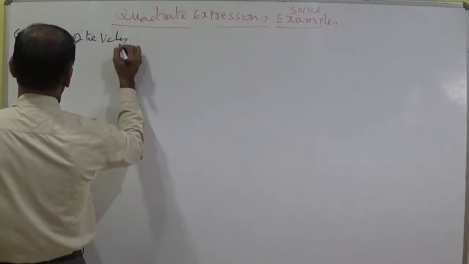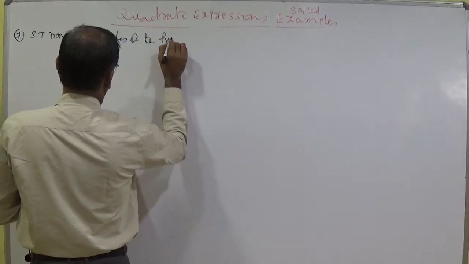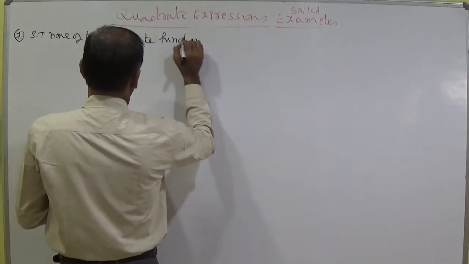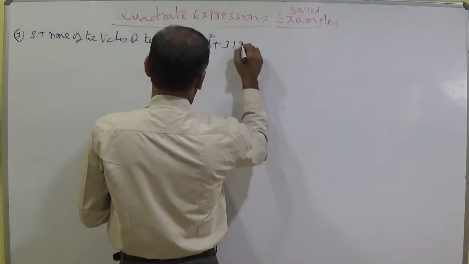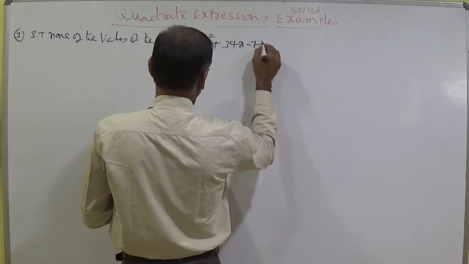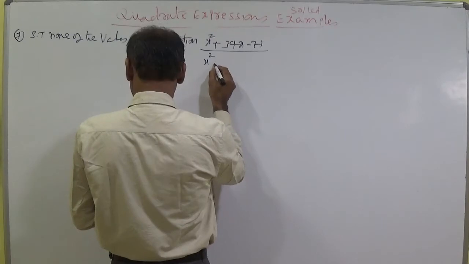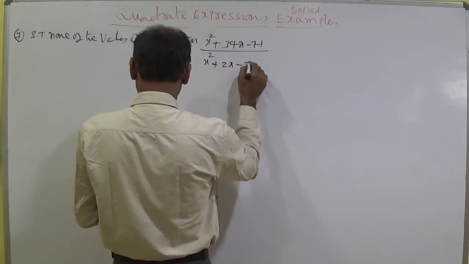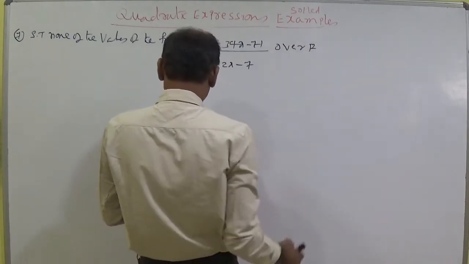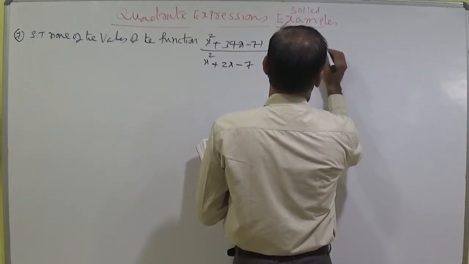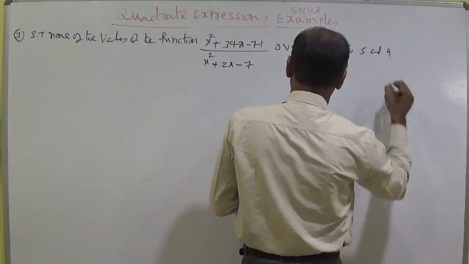Show that none of the values of the function (x square plus 34x minus 71) by (x square plus 2x minus 7), over R, lies between 5 and 9.